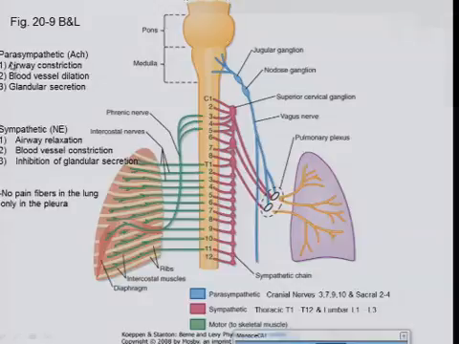Obviously, if we have a higher parasympathetic activation, then these things occur as far as airway constriction. So they're always in competition. There's always a balance. And we previously mentioned that there's no pain fibers in the lung, only in the pleura. So there are no other pain fibers associated with this.